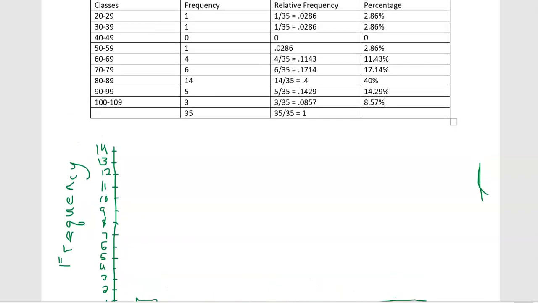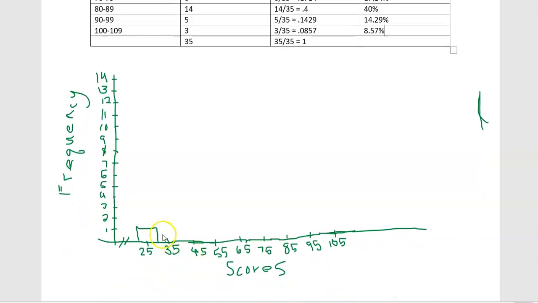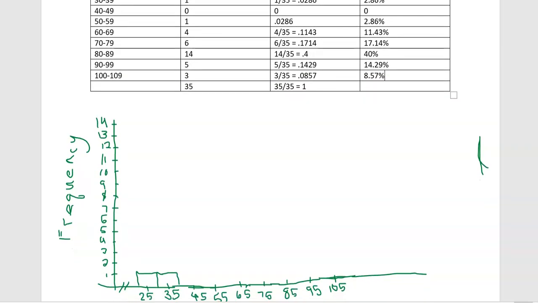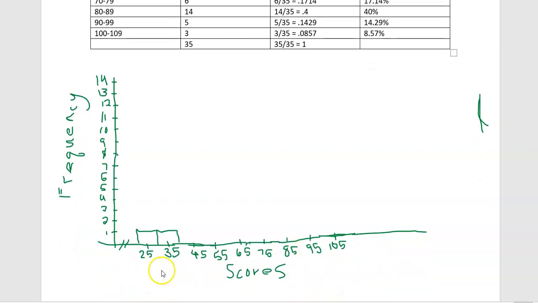And then 30 to 39, we also want a bar going up to 1, and you'll notice that they touch. They should be the same height, and they should be the same width. I'm, again, not going to be perfect while I'm drawing, but they should be the same width of bars. We do not have a bar at 40 to 49, but 50 to 59, we're going to have a bar of the same height.